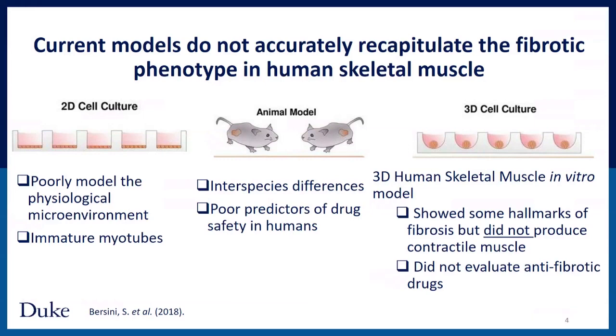There are great animal models to recapitulate the disease, but there are interspecies differences, and they are poor predictors of drug safety and drug efficacy in humans. And the 3D cell cultures show some hallmarks of fibrosis, but did not reproduce contractile muscles, and did not evaluate anti-fibrotic drugs.